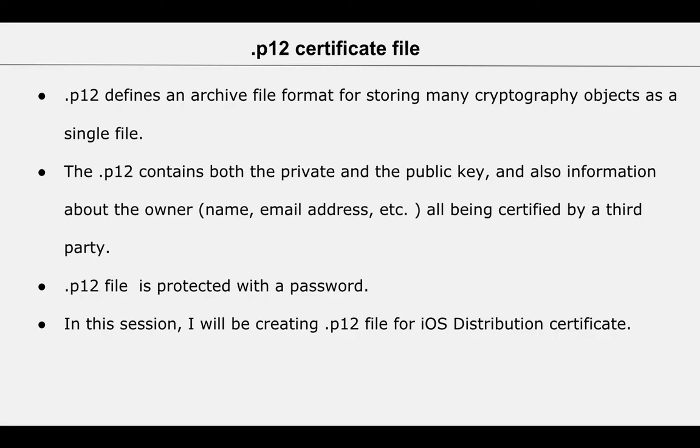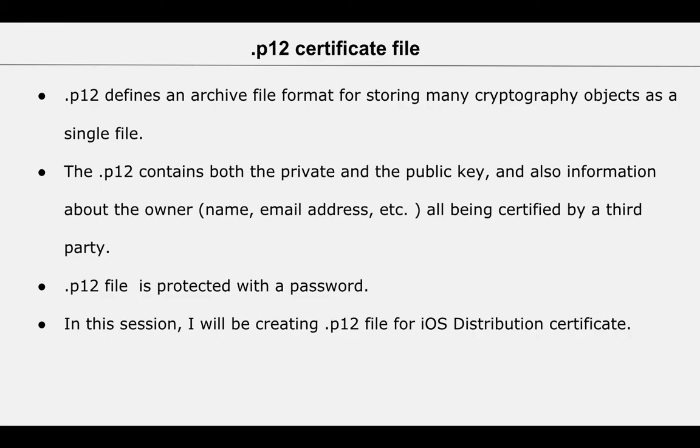Mostly for Mac and Apple development, this is the way to store that file and share it with your DevOps, your pipeline system, and somewhere else, in the same certificate file, right? In this session, I will explain how to create the P12 file using the iOS distribution certificate, right?